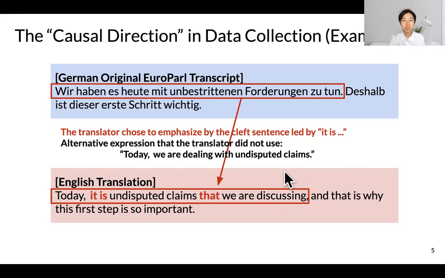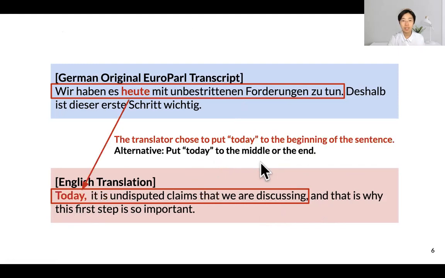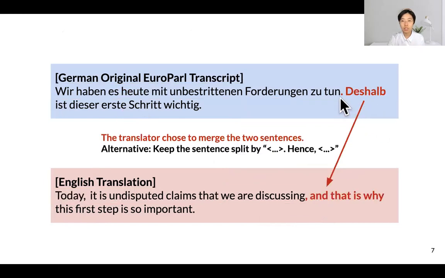First, they choose to use the cleft sentence to express emphasis, like "it is". And then they also choose to put the word "today" at the beginning of the sentence instead of the middle or the end. Moreover, they connected the two sentences, which are originally two separate sentences, into two clauses connected by "and".